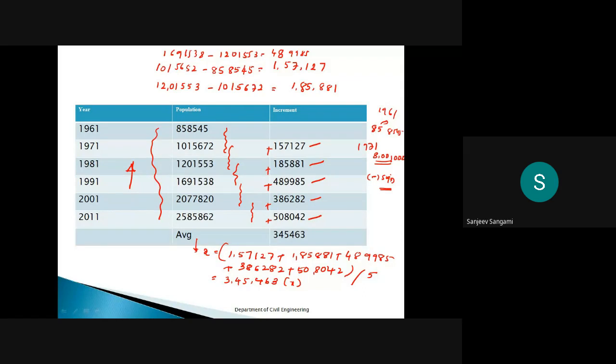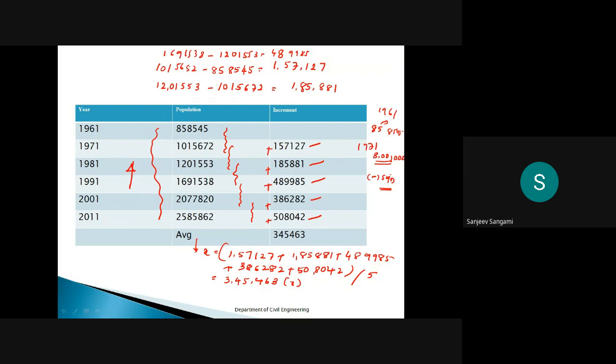In the first problem itself, we solved the toughest problem. Of course, these are very easy. Why I took that problem is that there were two difficulties in it. One is that the population was given in thousands. Then the increasing and decreasing population was given as the decades go on.